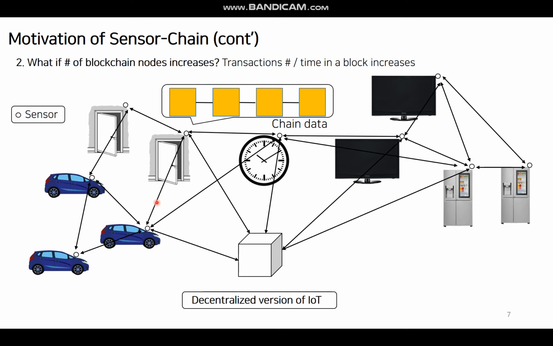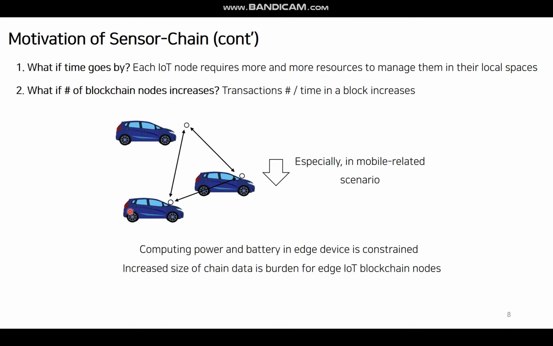At maximum, the transaction number per time would be n times n minus 1 divided by 2 if the node number is n. So as the node number increases, a scalability issue would occur in this part.